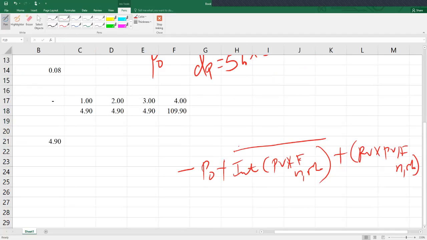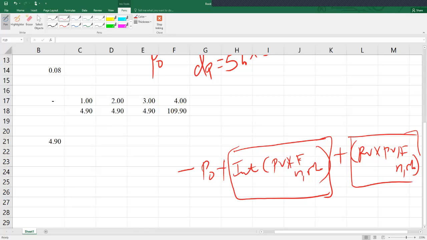You've done the interest from year 1 to year 4. So here in year 0, P naught is the negative market price. Therefore, in year 0, the negative market price for this bond is 102 points, so it will be negative 102.34.